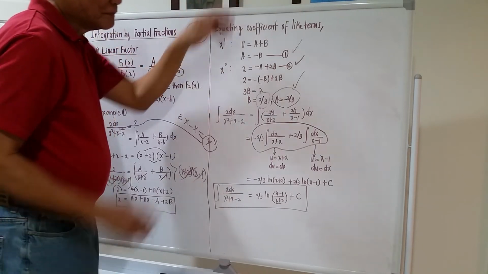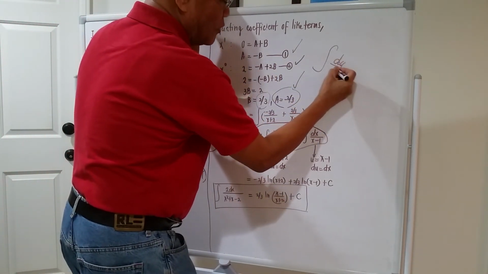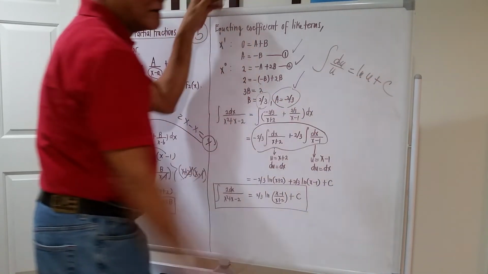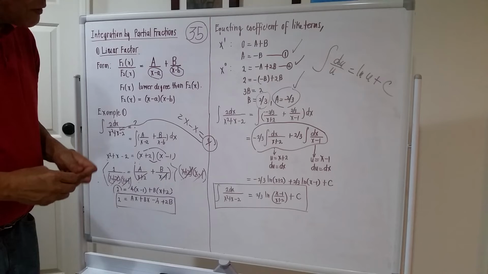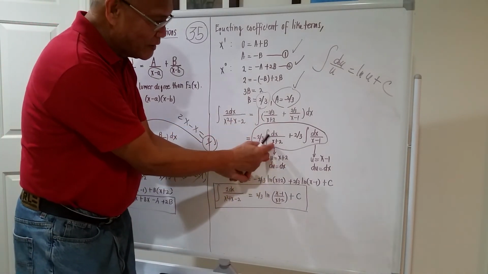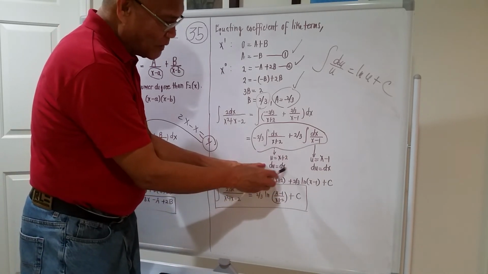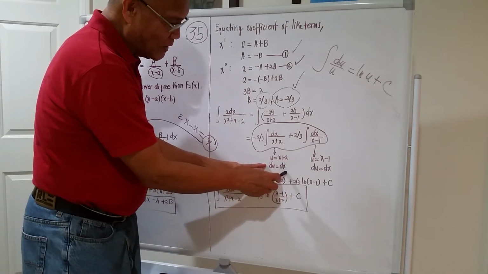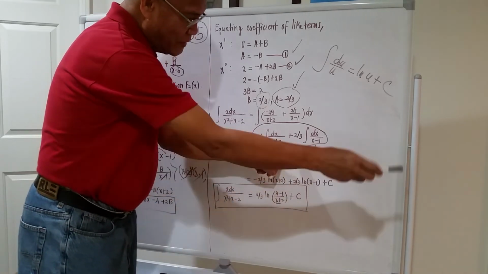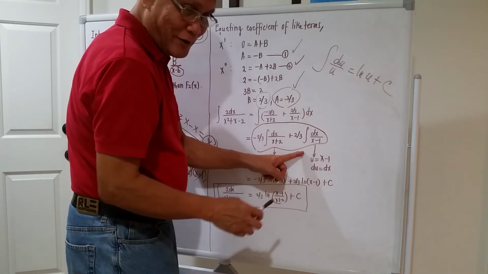This is under the integral of du over u, and the answer should be natural logarithm of u plus c. For the first one, the value of u, the term on the denominator, is x plus 2. du is equal to dx plus 0, or du is simply dx. It is exact. Second term, the value of u on the denominator again.